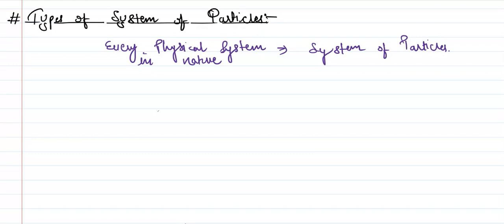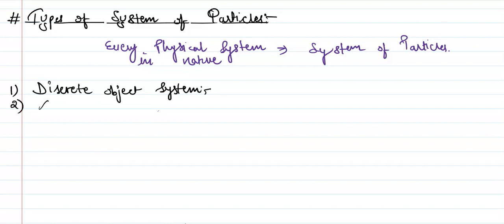Okay, now based on relative location of particles in a system, a system of particles can be classified in two categories. Based on their relative location, we can distribute them in two parts like that. First is discrete object system. Second one is continuous object system.